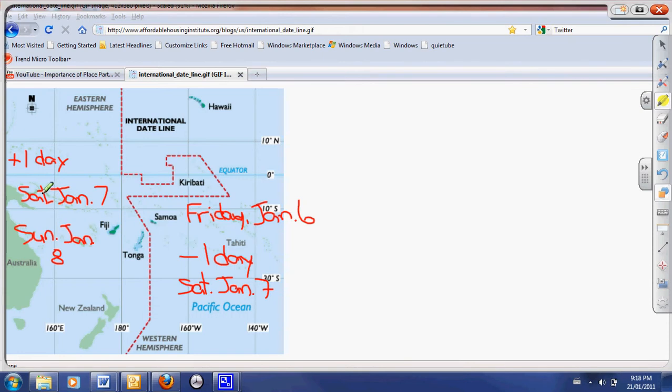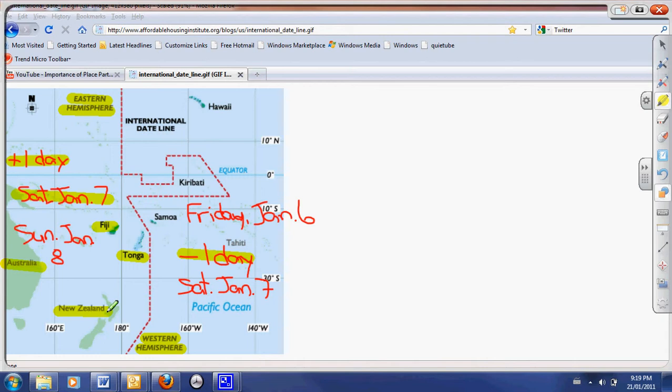Now, if we take a look here, the Eastern Hemisphere is 1 day ahead. So if we have New Year's Day, they always experience New Year's before us. In the Western Hemisphere, we are always minus a day. So if your birthday is on January 7th, you would want to start off being in the Eastern Hemisphere. So have your party, and you can be in one of these islands: Fiji, Tonga, Australia, New Zealand.